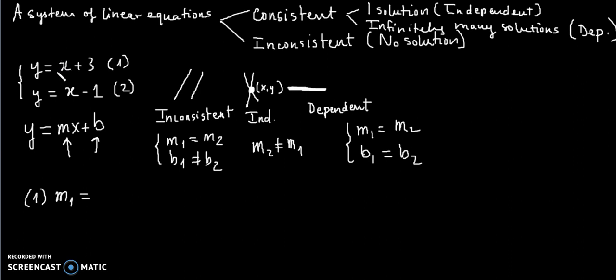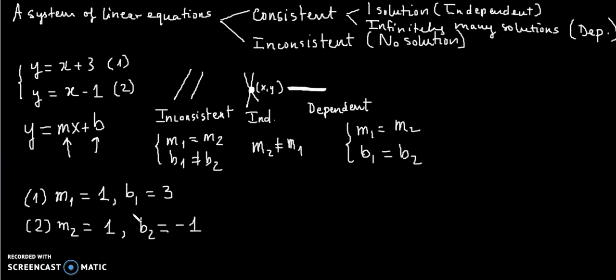So m1 equals 1 and b1 equals 3. For the second equation, we have m2 equals 1 again, and b2 equals -1.